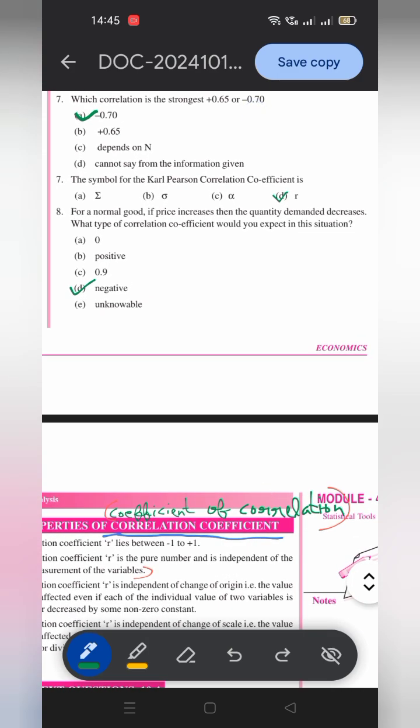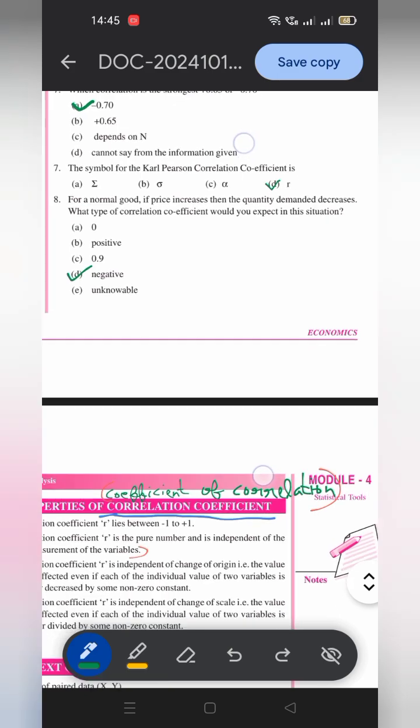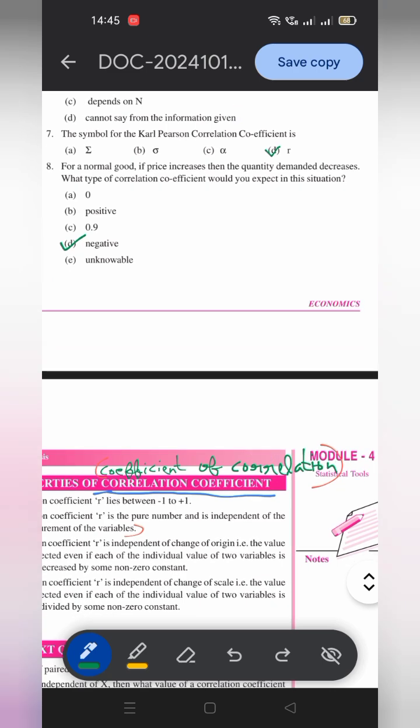The symbol for the Karl Pearson correlation coefficient is answer D, R. Next, question 8. For a normal good, if price increases, then the quantity demanded decreases. What type of correlation coefficient would you expect in this situation? Answer is D, negative.